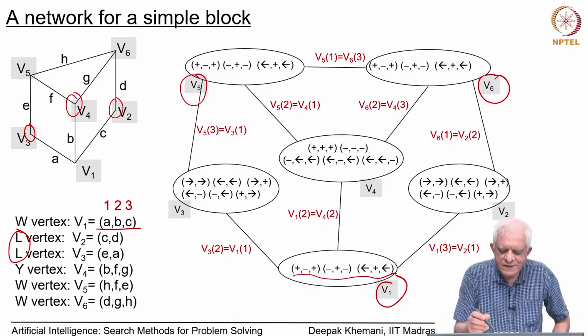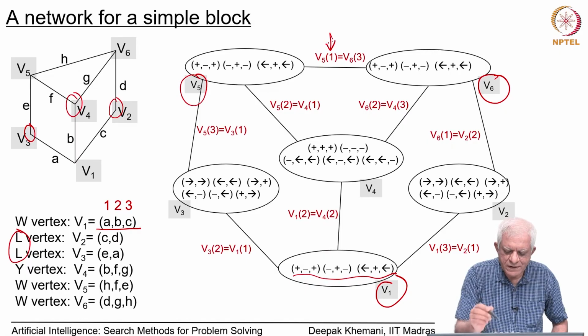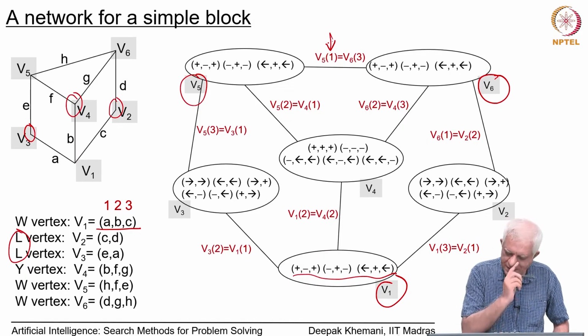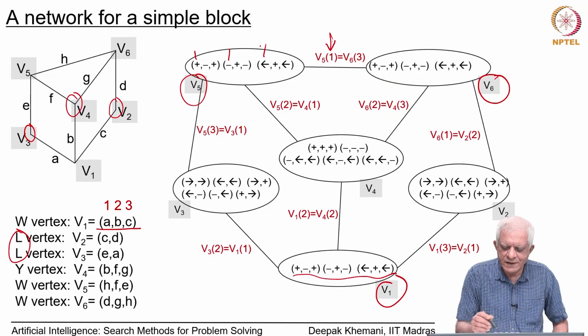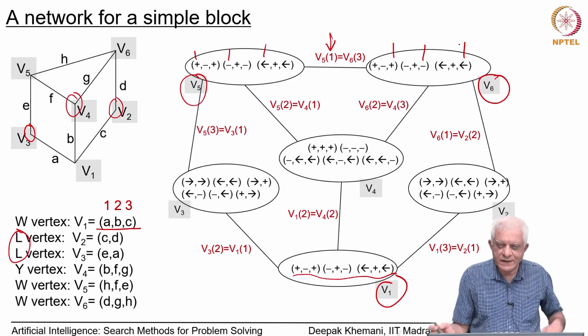What this notation which I have used says is that if you look at the first element of V5, which is either this or this or this, it must be equal to the third element of V6, which is either this or this or this. Why?